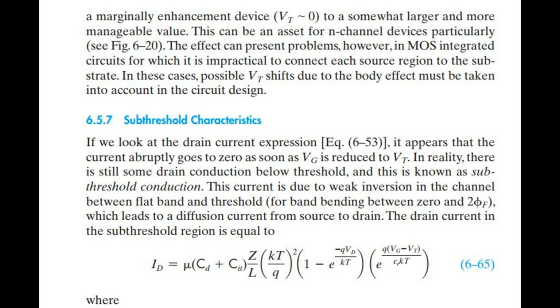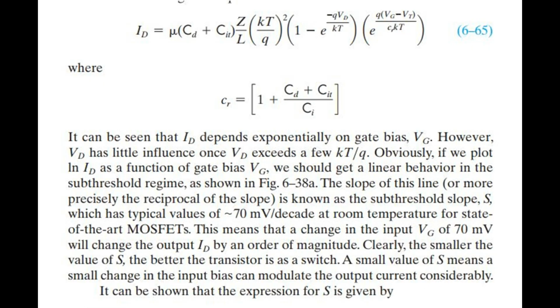This current is due to weak inversion in the channel between flat band and threshold, for band bending between 0 and 2ΦF, which leads to a diffusion current from source to drain. The drain current in the subthreshold region is given by an expression where it can be seen that drain current depends exponentially on gate bias, Vg. However, Vd has little influence once Vd exceeds a few kT/q.